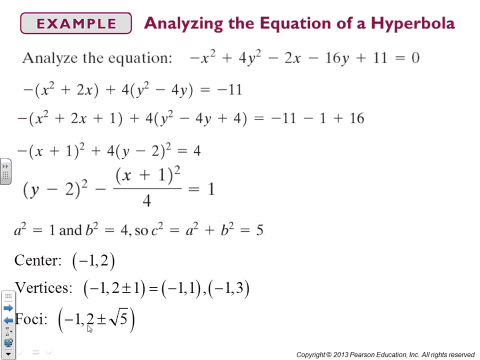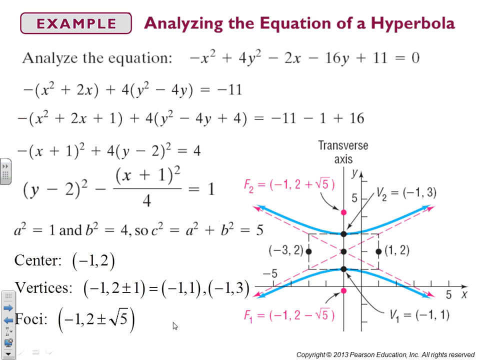My foci are at negative 1, 2 plus or minus root 5. So you just take your center and you add, in this case we add our a, and in this case we take our center and we add and subtract our c. And then we throw down the graph.